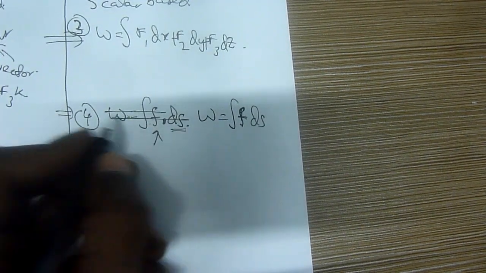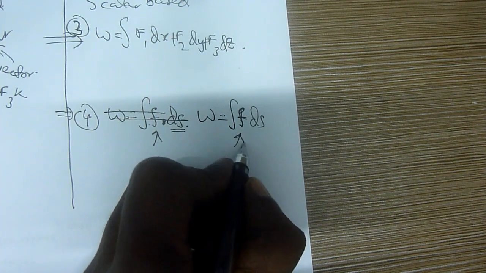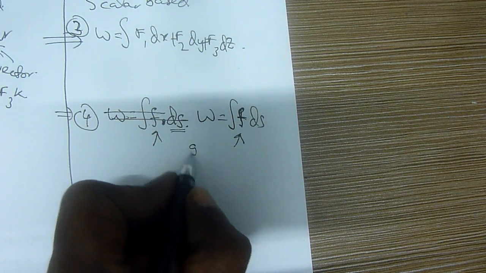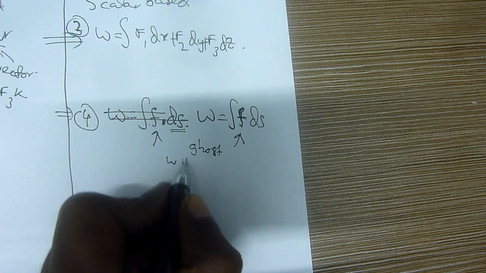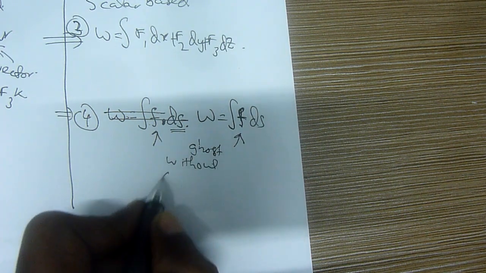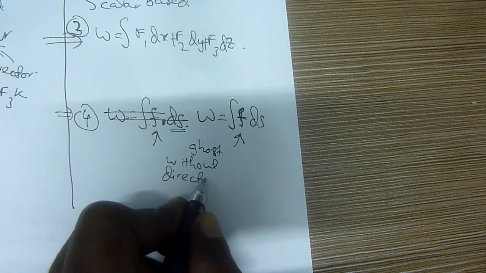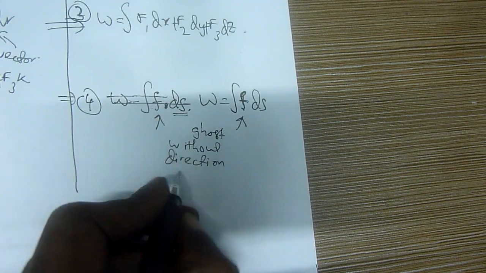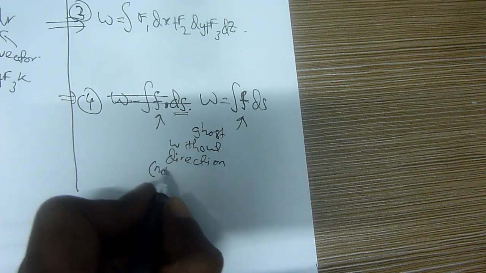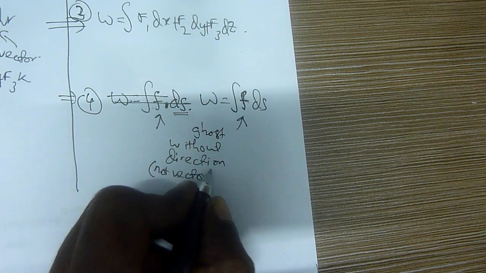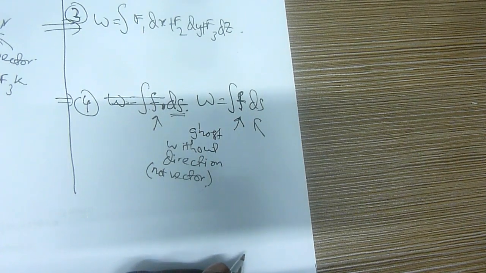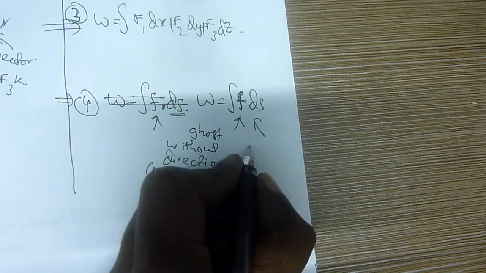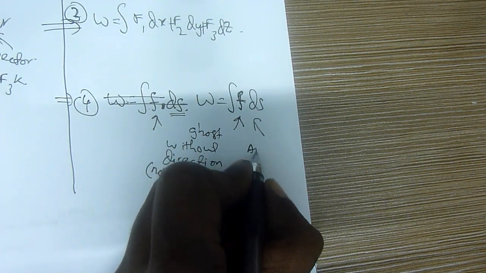Actually, F here goes without direction. That means it's not a vector. It's not a vector. Now this one is a curve, an arc curve.